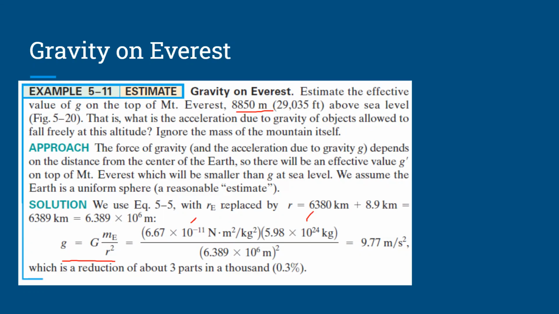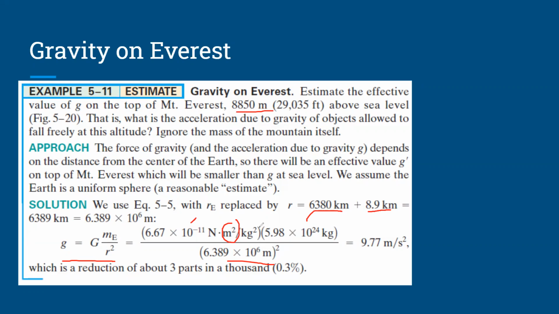And then here you are going to add the radius of the Earth plus the height of Mount Everest, 8.9 kilometers, and you convert that to meters so that you can cancel out units, meter squared here, and you square this one. And you can cancel out the kilogram.